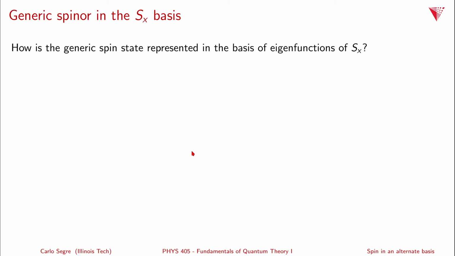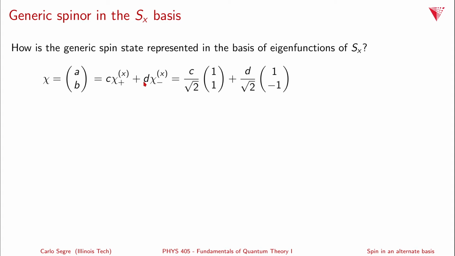So how is a generic spin state, the vector A B, represented in a basis of eigenfunctions of S sub x? Remember, we had our generic spin state, a vector A B. We can rewrite this in terms of the S sub x eigenfunctions, chi plus x and chi minus x. And we have two new factors, c and d. Well, again, this is straightforward because we know what these are in terms of vectors.